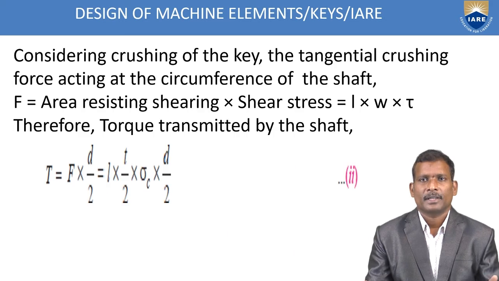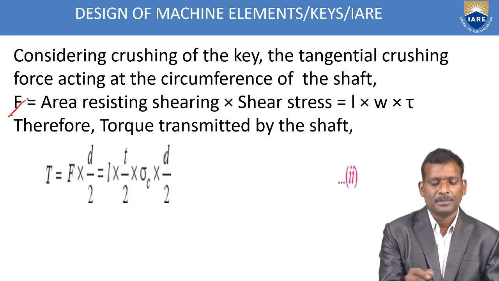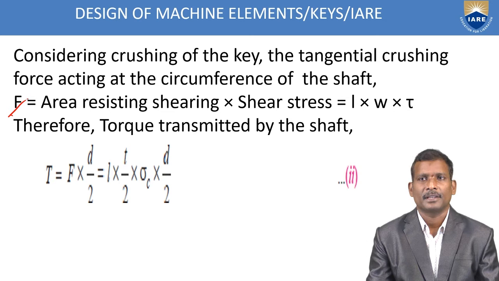So when considering crushing of the key, the tangential crushing force acts at the circumference of the shaft. Let F be equal to the area resisting shearing times the shear stress, so L into W into tau.